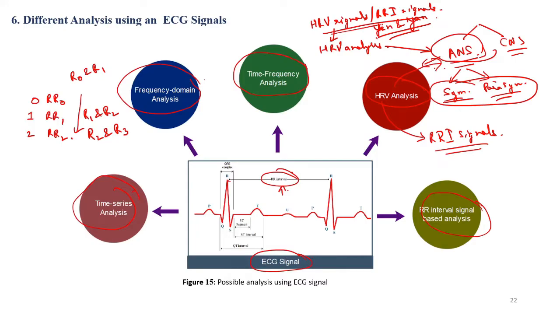Okay. Now, why is this HRV analysis important? This is because, first of all, we have discussed previously that acquisition of the ECG signal is one of the easiest ways to acquire any biopotential signal. Why?